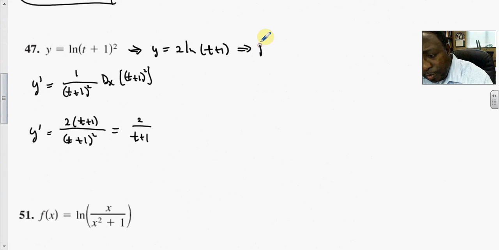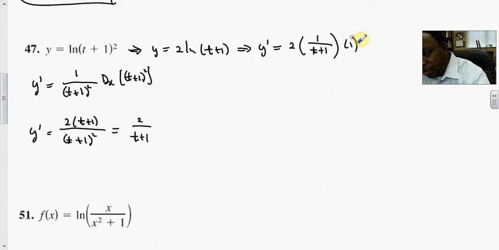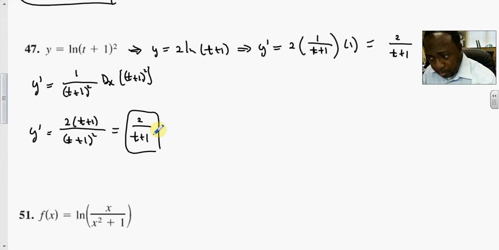This implies that y prime is 2 times 1 over t plus 1 times the derivative of t plus 1, which is just 1. So all you have there is 2 over t plus 1. So either way you do it, you get the right result.